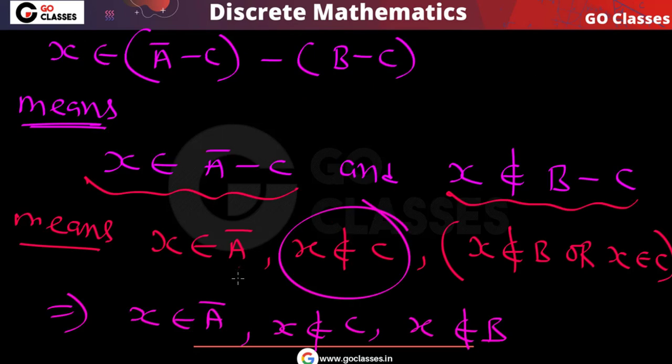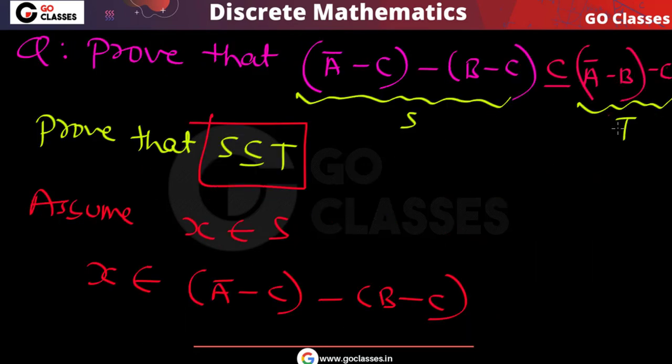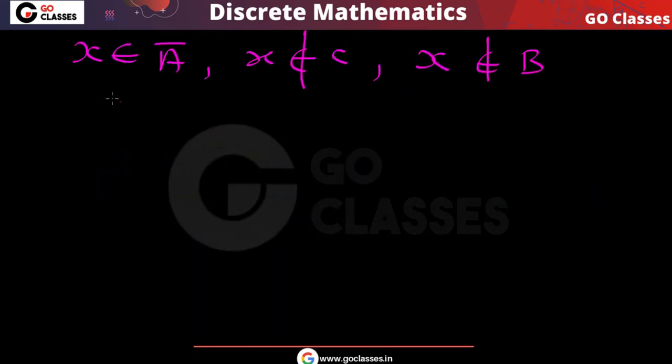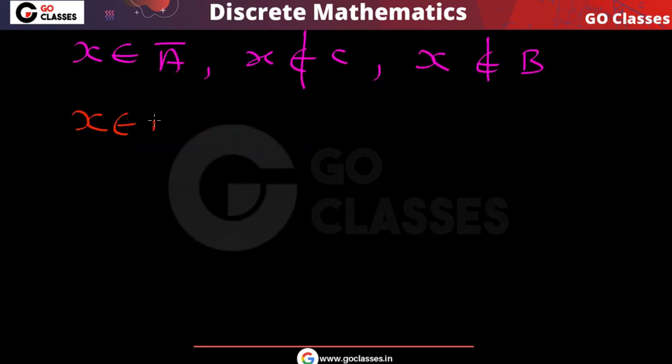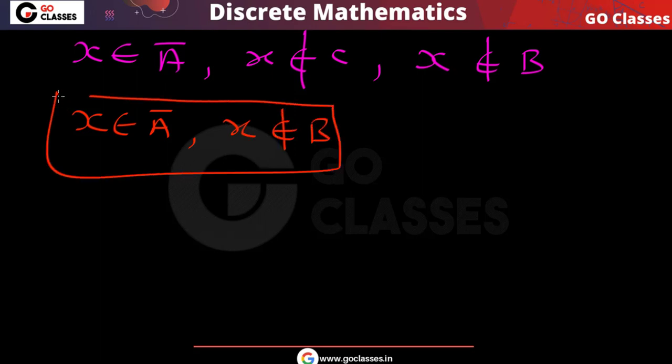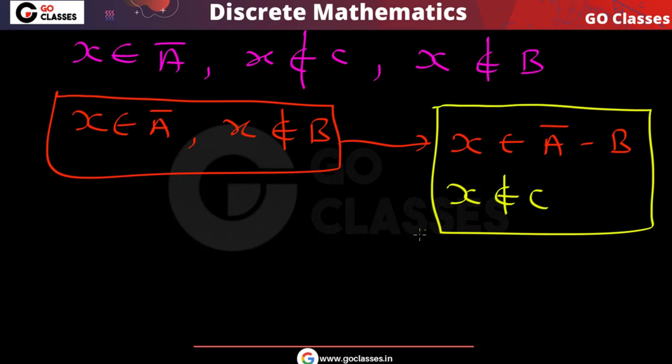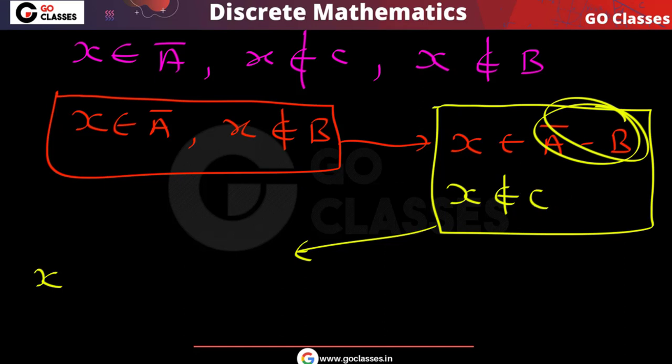Now from this, what can you say? What we want is that x should be in A bar minus B minus C. So x is in A bar, this you know. x is not in B, so from this I can say that x is in A bar minus B. And now x is in A bar minus B, and you know x is not in C. From these two I can say that x belongs to this, x does not belong to this.